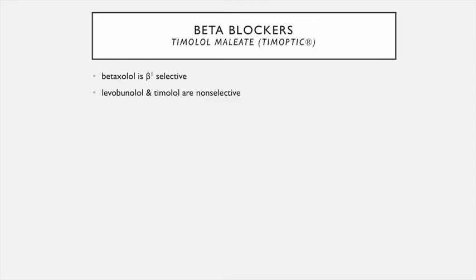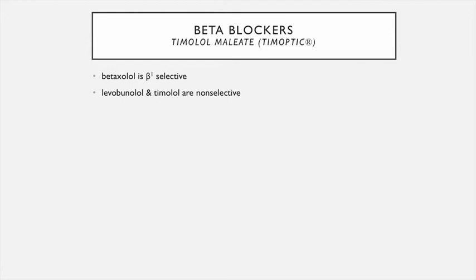All right, now we're getting somewhere with drugs that are actually used a lot. These are the beta blockers. Prior to the prostaglandin analogues, these were the drugs of choice. The beta blocker timolol malate is probably the most commonly prescribed. It's the prototype drug here.